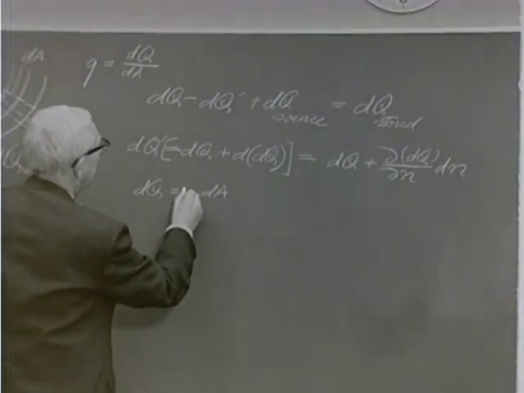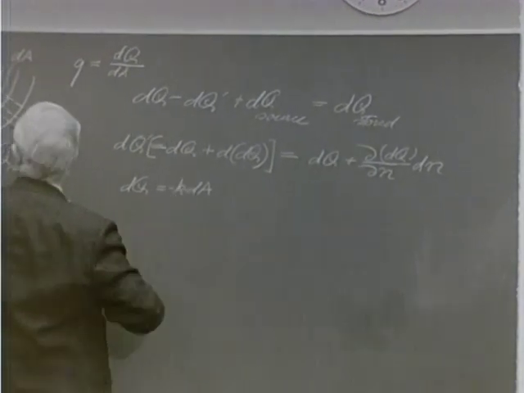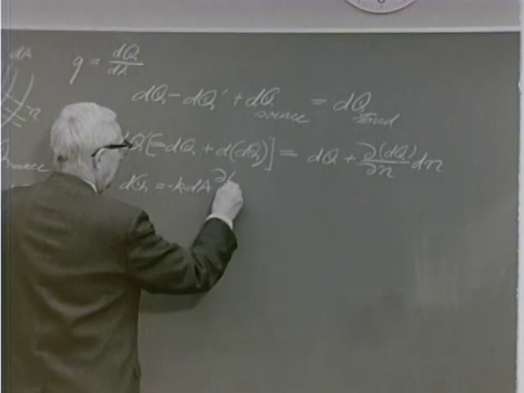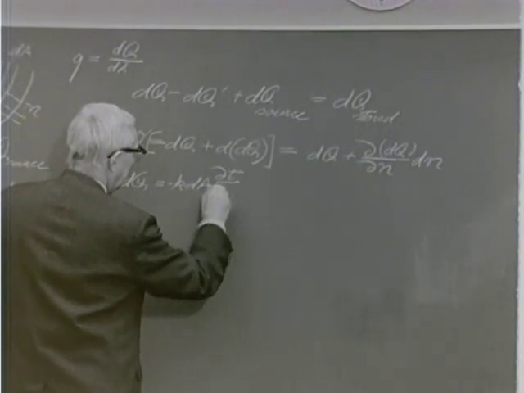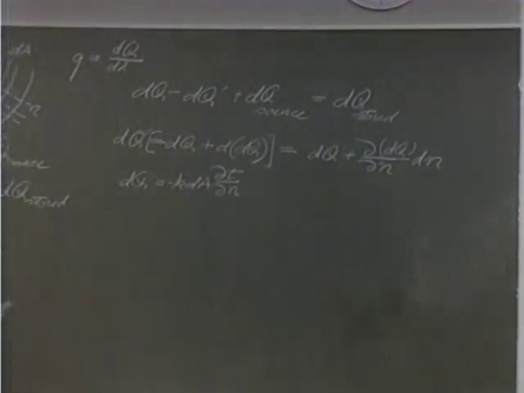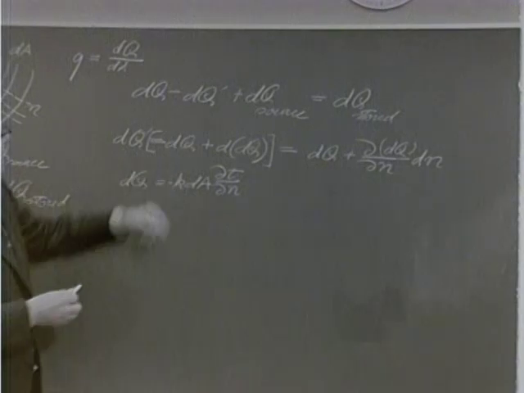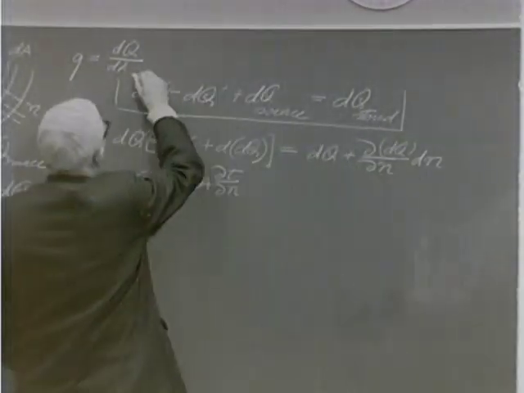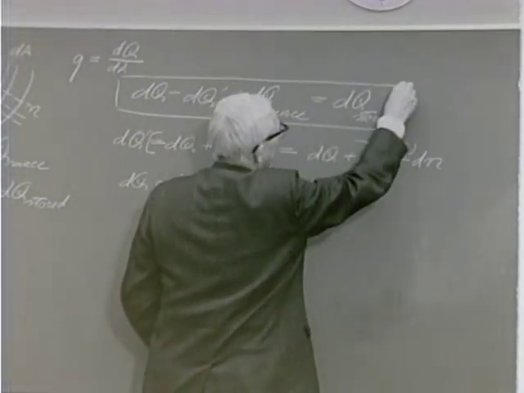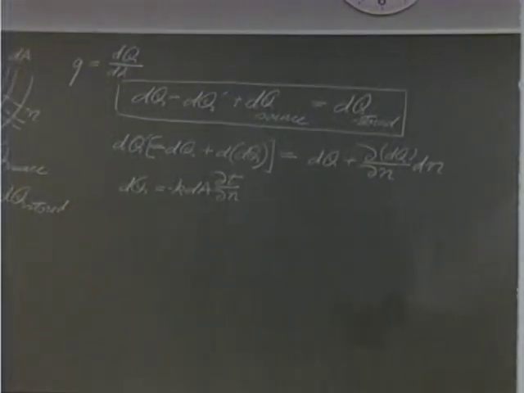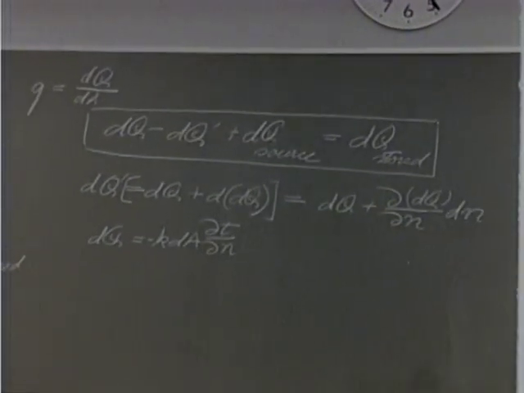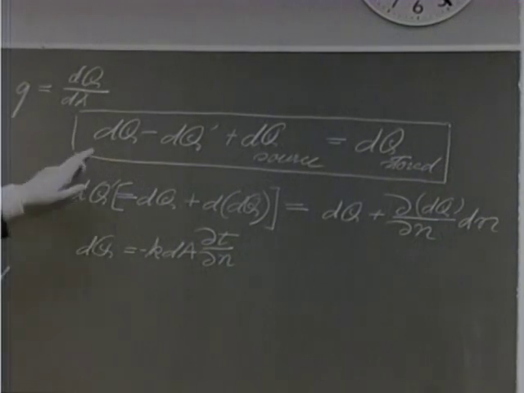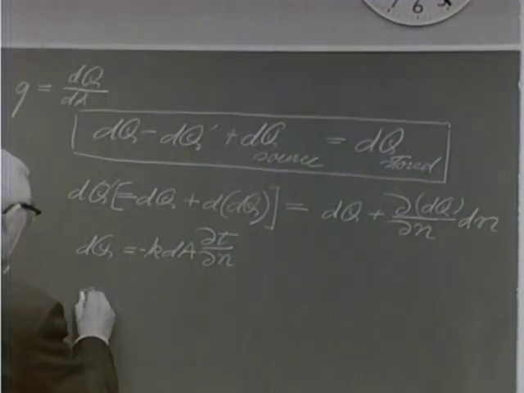And then I just enter this here, minus k times dT over dn. Okay, now what I need here in my energy balance, and maybe I just underline this because this is really the basic physical consideration which I use for my purpose, I need the dq minus dq dash.